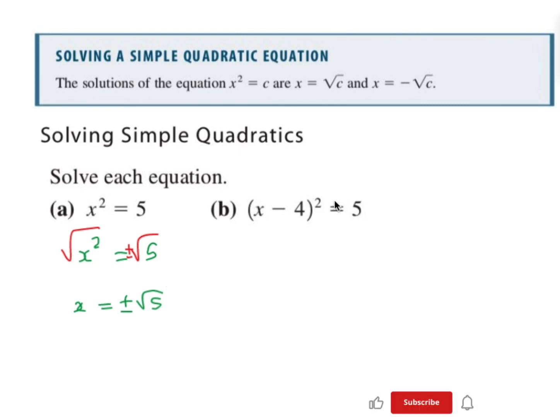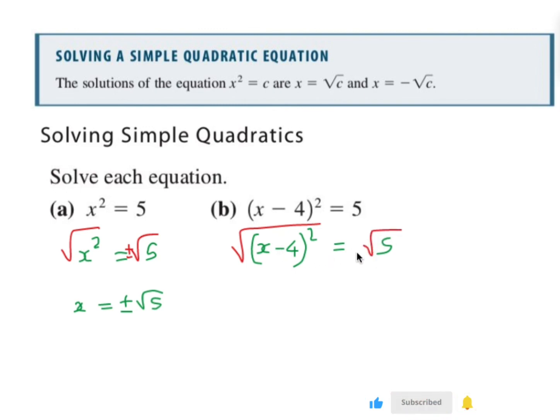Okay, let's do the next question. Here also there is a square, so we don't want it, so how to remove it? Taking the square root of both sides, and here write plus and minus. So now x minus 4, because square root and square cancel.